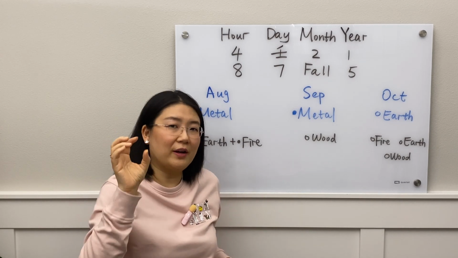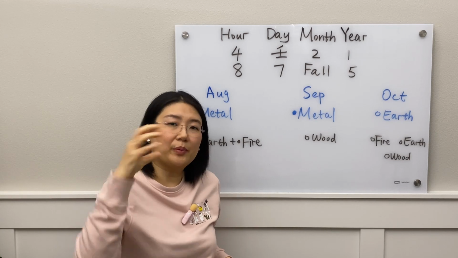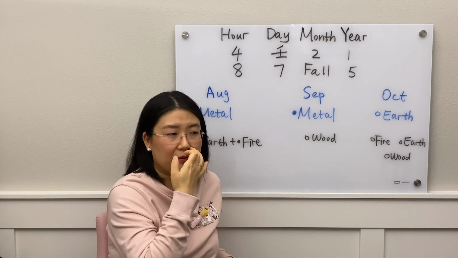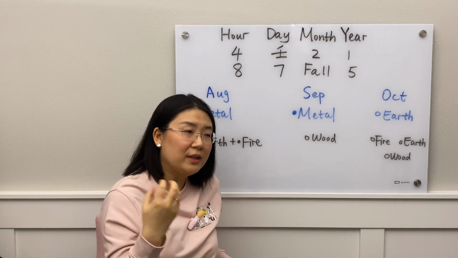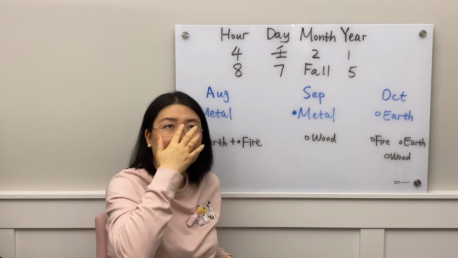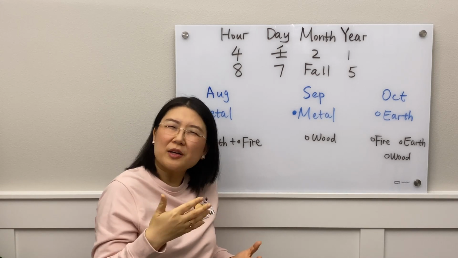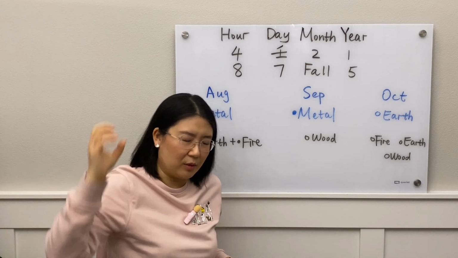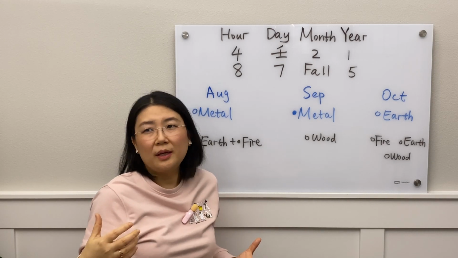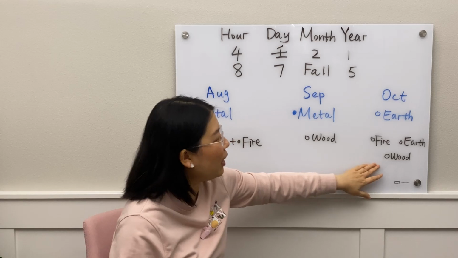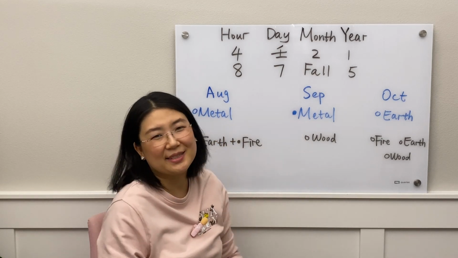Typically, if you have a very strong suppressor type of element in your chart, and you yourself are strong enough to combat it and win the battle, that means this person will go through maybe more hardship initially, but eventually the end result is they're going to be ultra successful compared to other people. So that's the path for October as the ideal best answer.